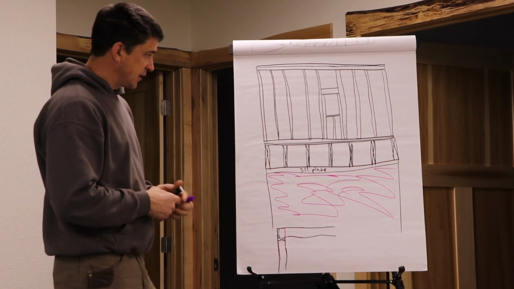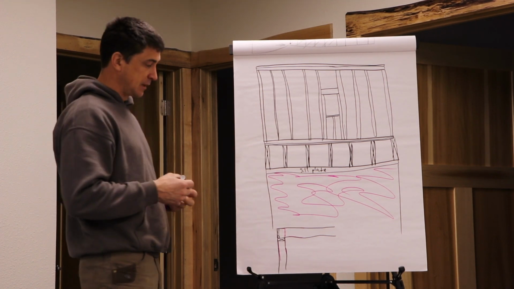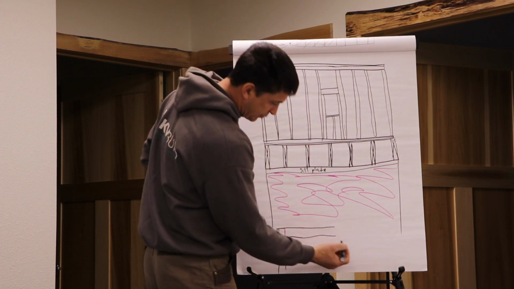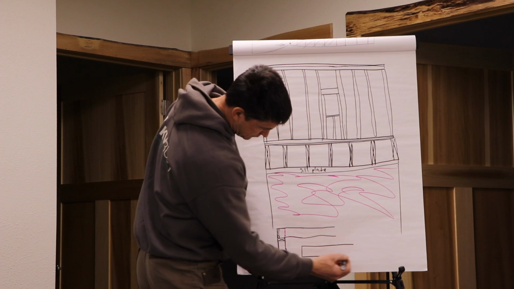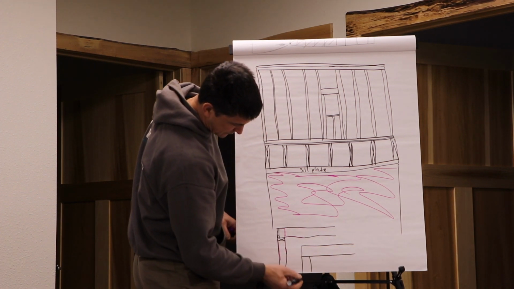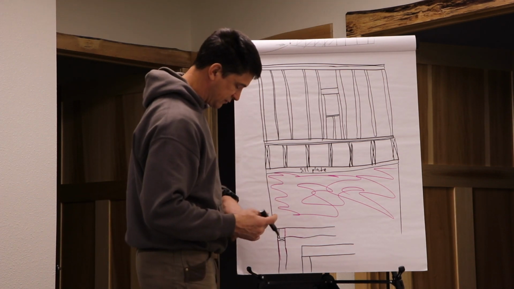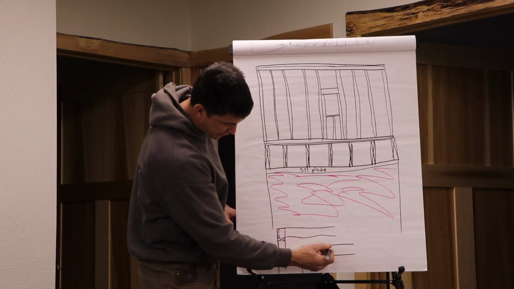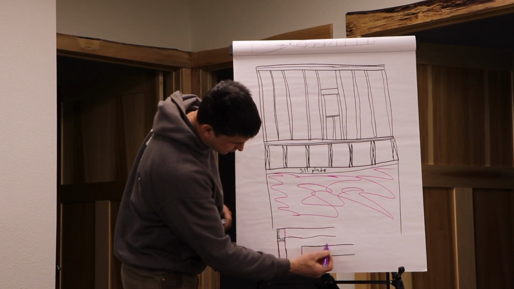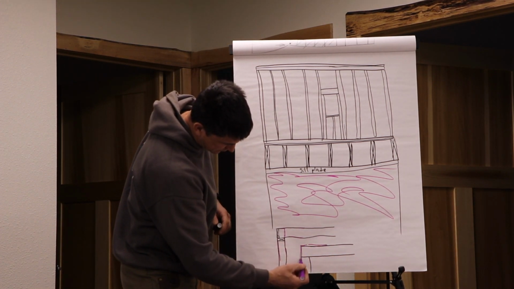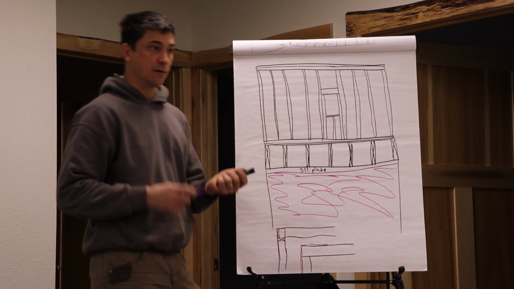Another option that we have, we can build with a single top plate. If we build with a single top plate, we would do this corner and then we would grab a strap. We would run a metal strap down there, and then we would nail it into the top plate.